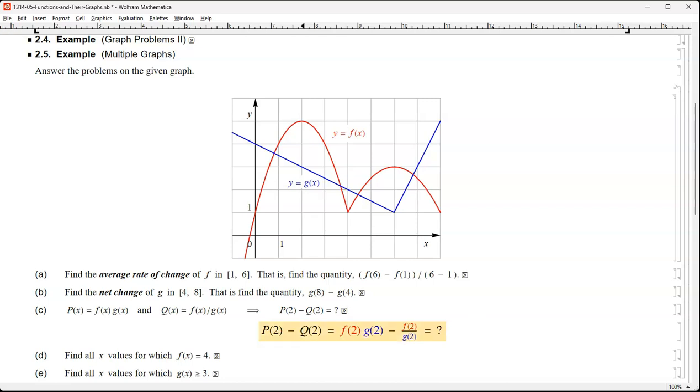What is f of 2? x is 2 and move vertically until you hit a point on the red graph. What is that y-coordinate value? Did you get 6? No, it is 5. 2, 3, 4, 5. Yeah, 5. So 5 times g of 2 minus 5 over g of 2.